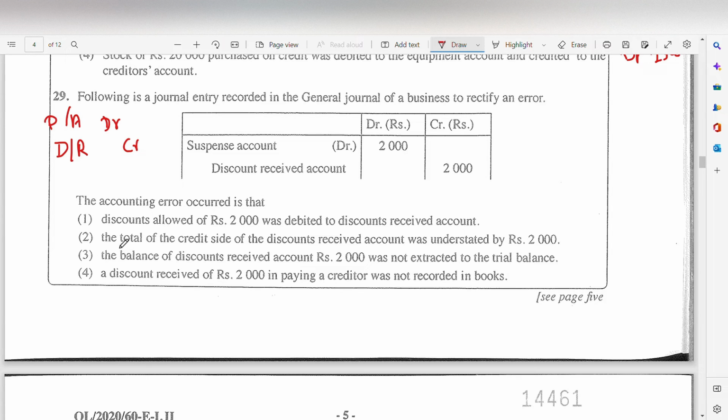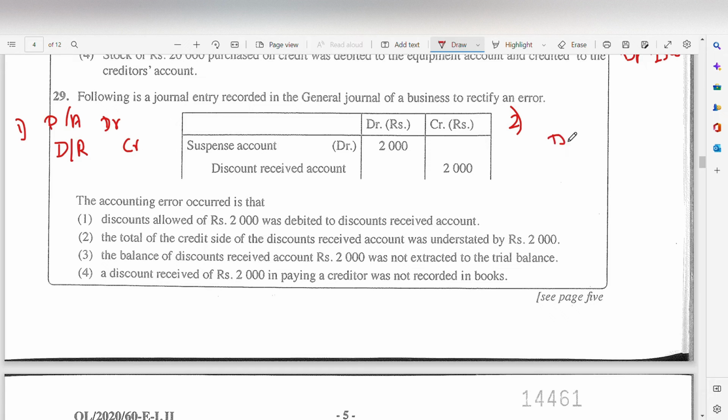Second one, the total of the credit side of discount received account was understated by rupees 2000. So in your discount received account, your credit side is understated by rupees 2000. So if you are going to rectify that, how do you do it? You need to increase the credit side of the discount received account.